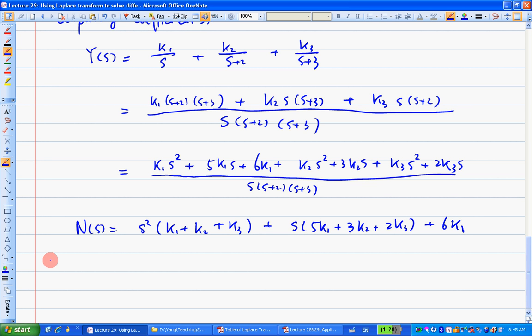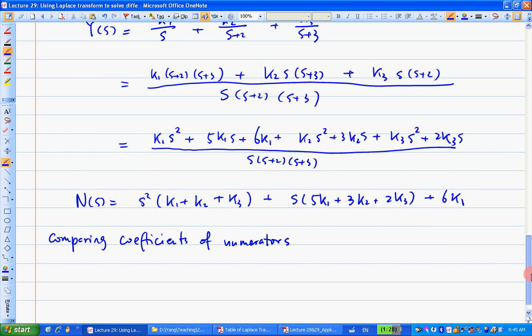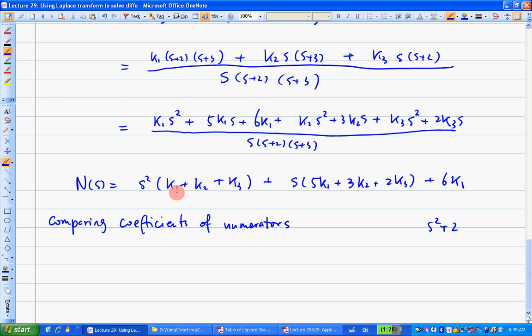So what you see now is comparing coefficients of the numerator. The other side of the numerator is s squared plus 2. So we compare: k1 plus k2 plus k3 equals 1, 5k1 plus 3k2 plus 2k3 equals 0, and 6k1 equals 2.